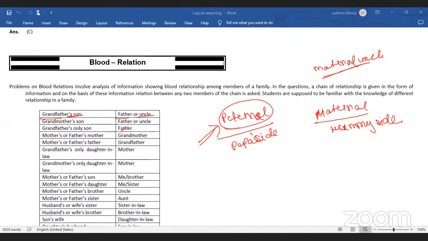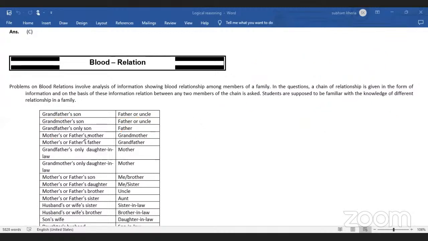This makes you sure that he is your mama, not your chacha. But if it says he is your uncle, 99% of the time it will mean your chacha, that means your father's side. Not in 100% of cases, but in most cases, it will mean your paternal side. Are you getting the point?